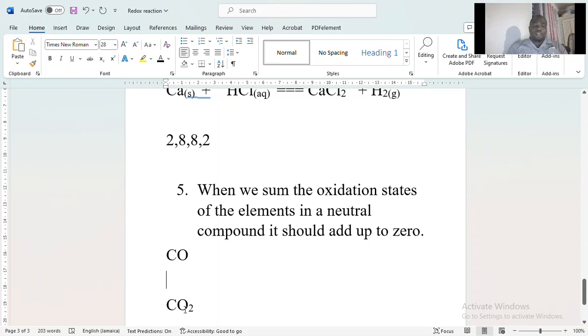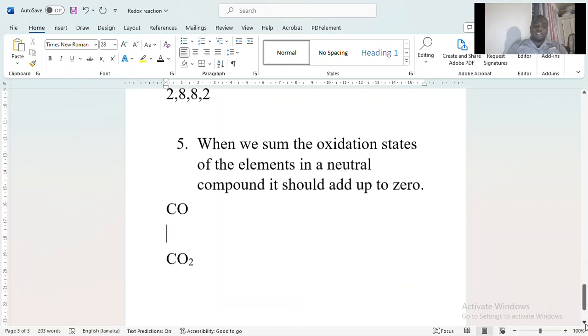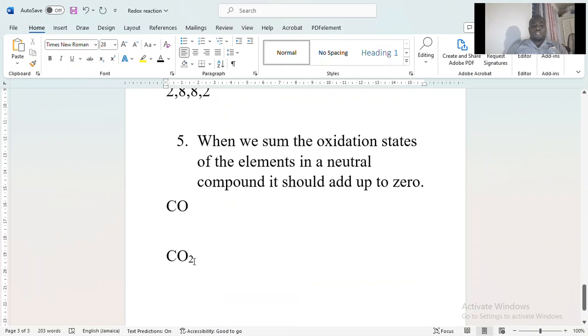Carbon dioxide. What's the prefix for 2? Anybody? Dioxide. Yes, dioxide. Remember, we learned it when we dealt with naming covalent compounds.